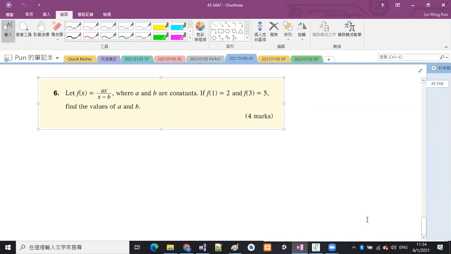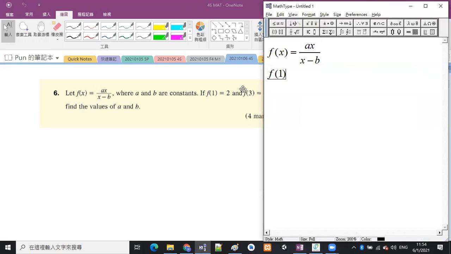If f1 is equal to 2, f3 is equal to 5. Find the values of a and b. 好直接，肯定就係一式二式嚟㗎啦。We have information about f1, so we calculate f1 ourselves first. f1 is equal to a times 1 over 1 minus b. So that is a over 1 minus b. Okay, but it is given that f1 is equal to 2.